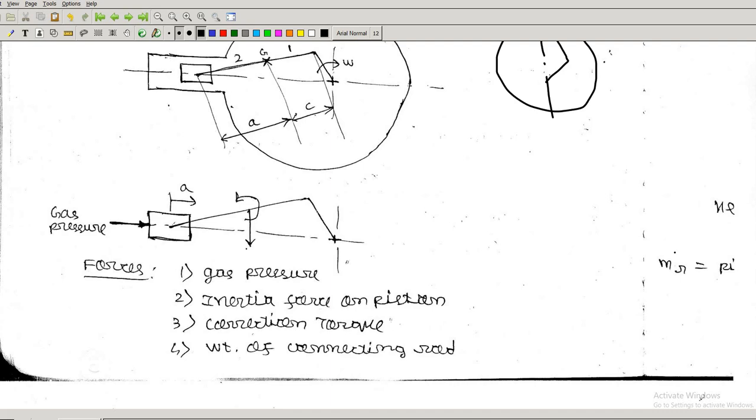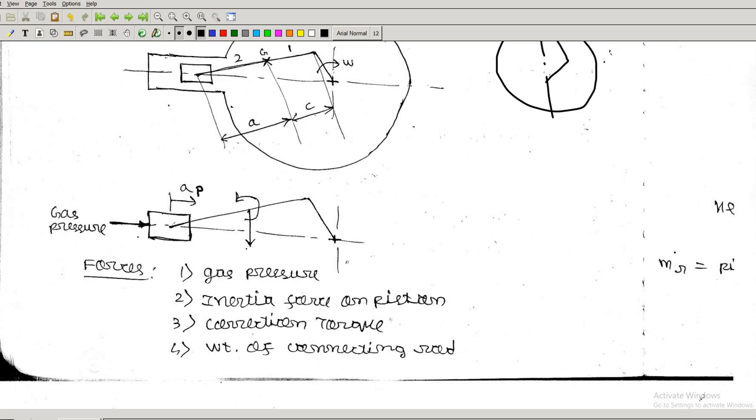We'll also find out, due to this correction torque, what is the torque coming on the crankshaft. Since the piston accelerates, AP is the acceleration of the piston, so we'll put an inertia force on the piston.